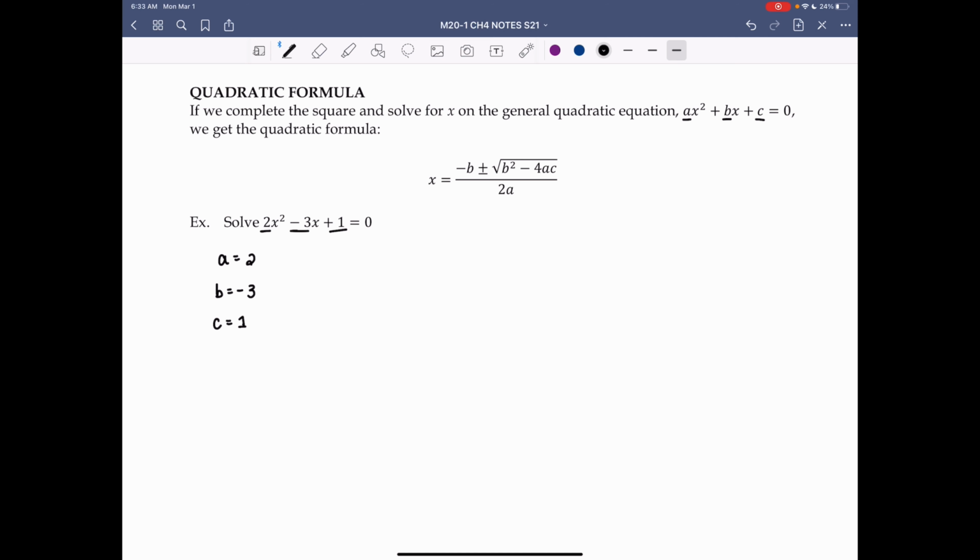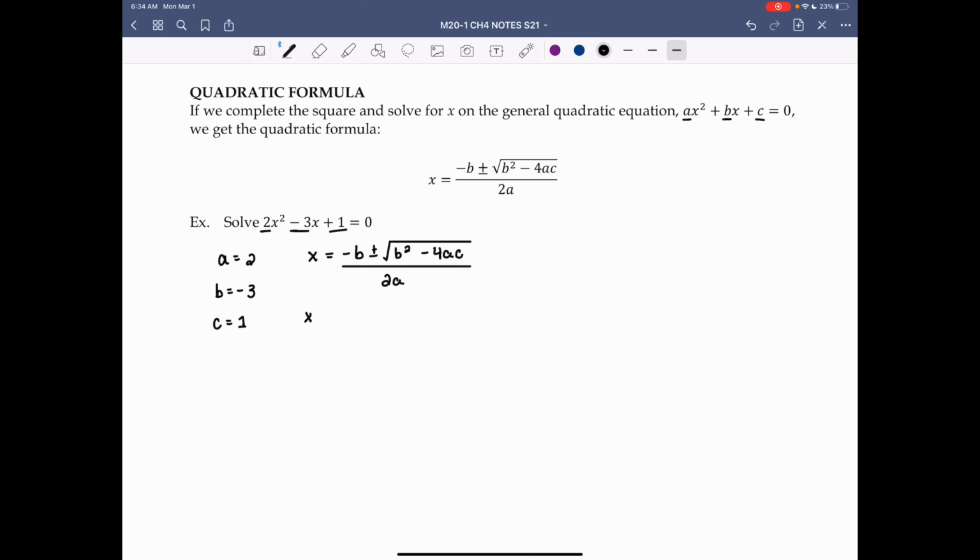Then I always write down just the quadratic formula without putting any of my numbers in first. So x equals negative b plus minus the square root of b squared minus 4ac divided by 2a. Then I plug in my numbers.